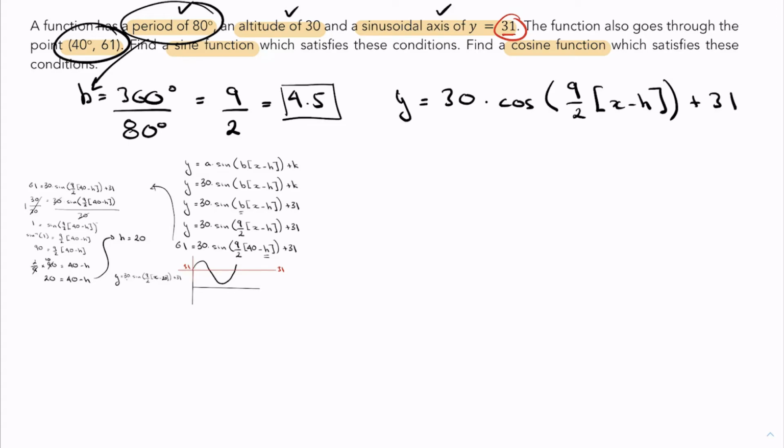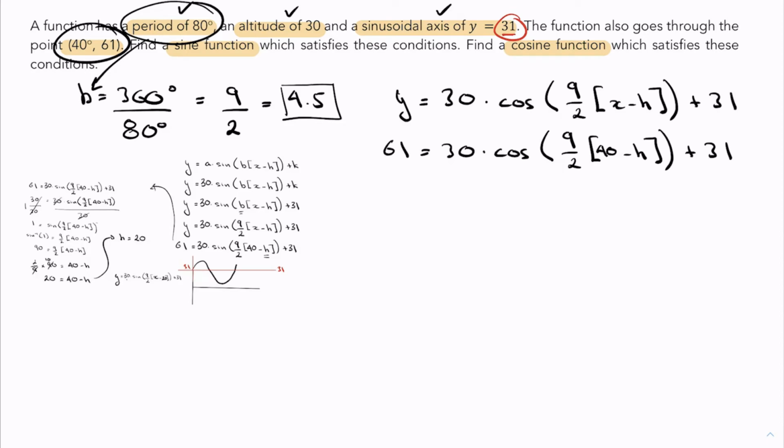Still substituting the same point, so I'm going to have 61 equals 30 times cosine. Let me save some time here. Let me take all this, copy, paste it, put it here, change my x with a 40, and again work backwards to find out what the h value is.